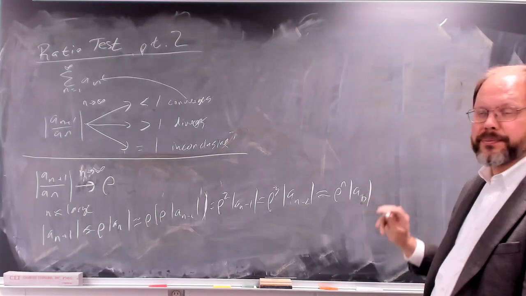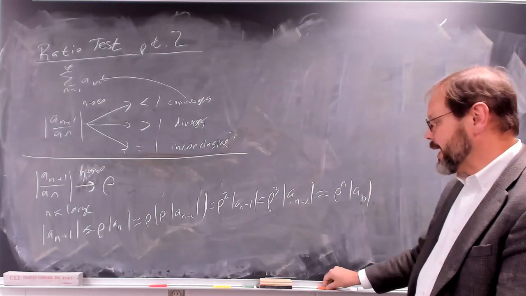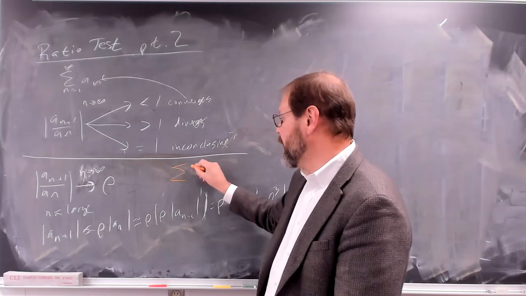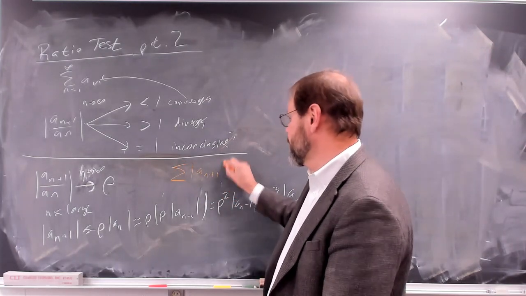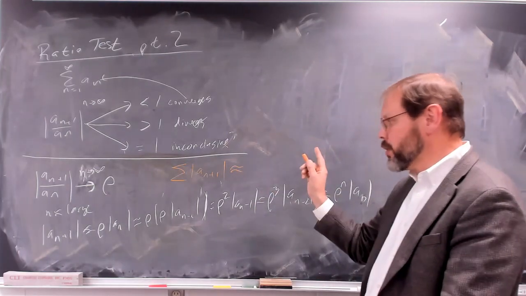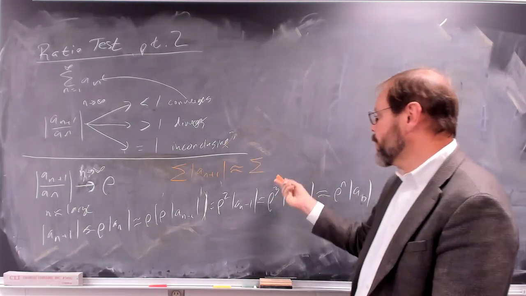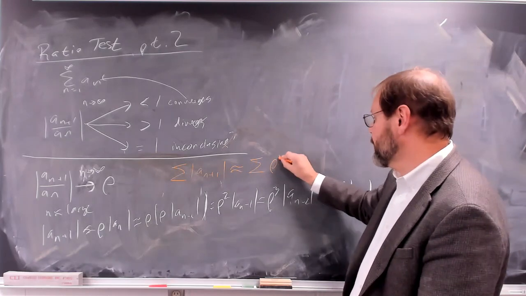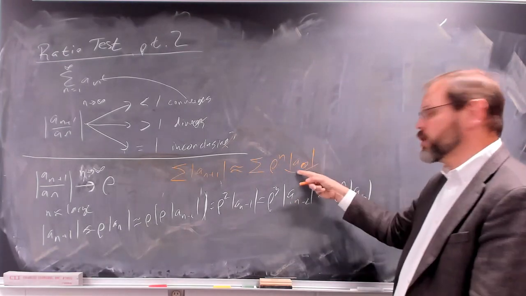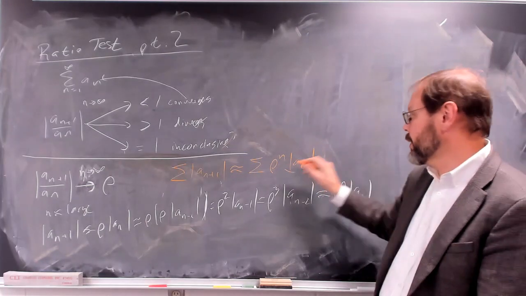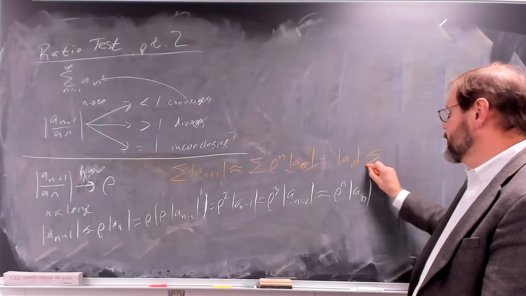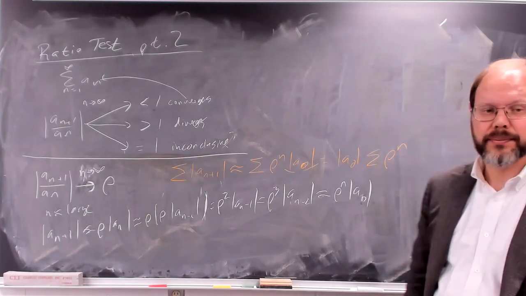So what that's saying is that if I wanted to sum up a series that looks like that, then more or less this is going to look like rho to the n times a sub naught. Okay? And a sub naught is just some number, so I could pull it out. It would be like taking a sub naught times the sum of rho to the n.